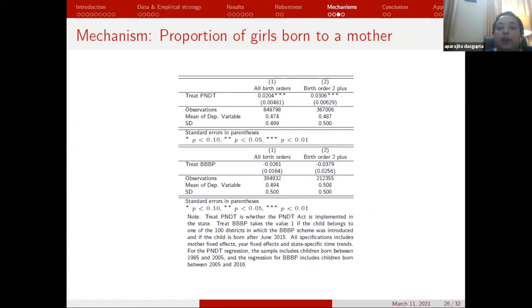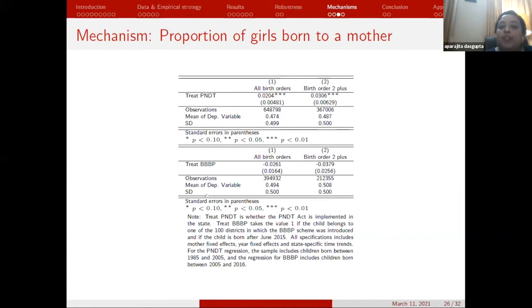Okay, next we explored the proportion of girls born to a mother. And so what we find is for PNDT, this actually goes up. So this is really testing the first stage, whether there are more girls being born after the ban, and we do confirm with our data that that is the case. Although there are other papers already that have found this using other data sets, for example, census and DLHS, we confirm the same result with our data set, which is the NFHS data.